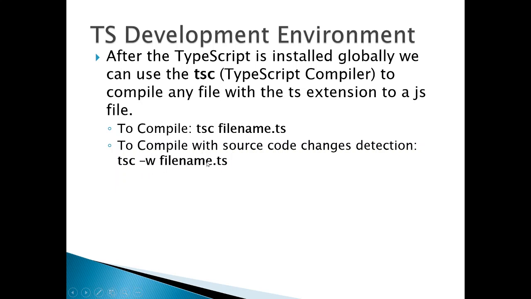Now if we change anything after this, it will automatically update the content of your JS file. This is just like nodemon, which monitors your code changes and recompiles every time. So if we want to do it this way, we will use the -w flag. It will continuously listen to this file.